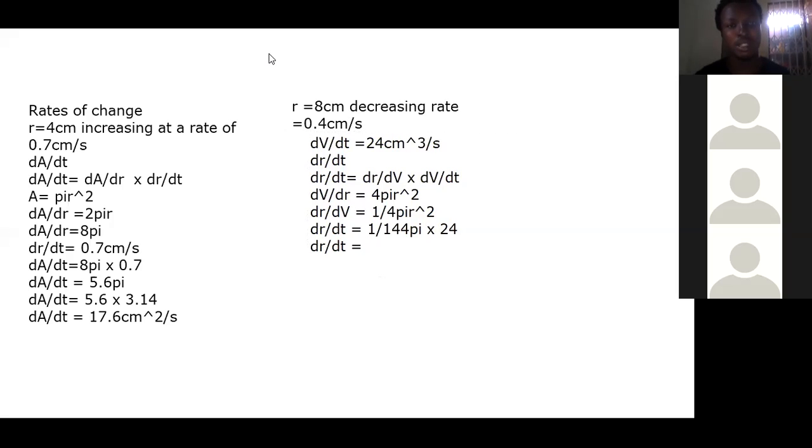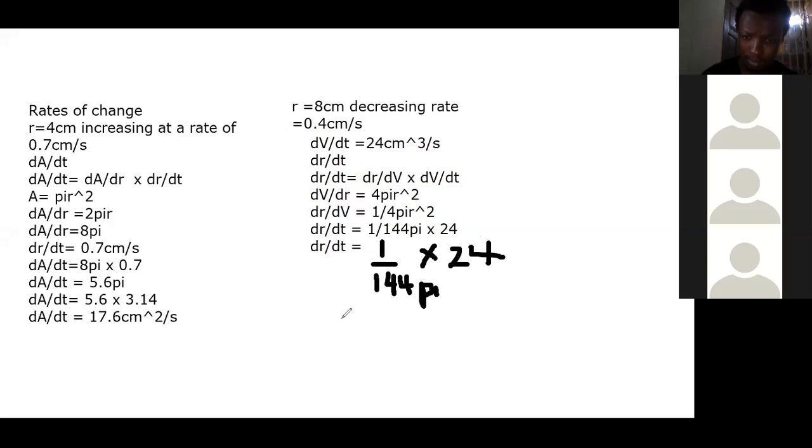Check your calculations. So 144 pi times 24, now do the mathematics. This will give us 0 point something because it's divided by this. So check, 0.053 pi.